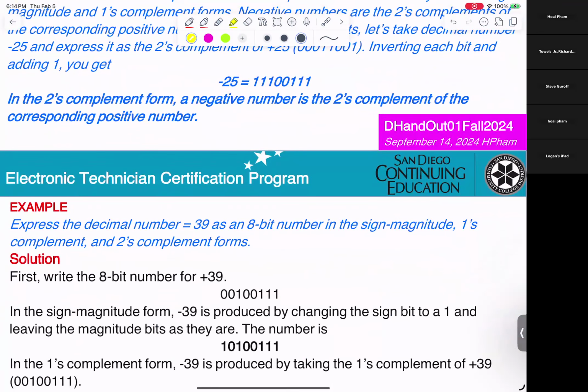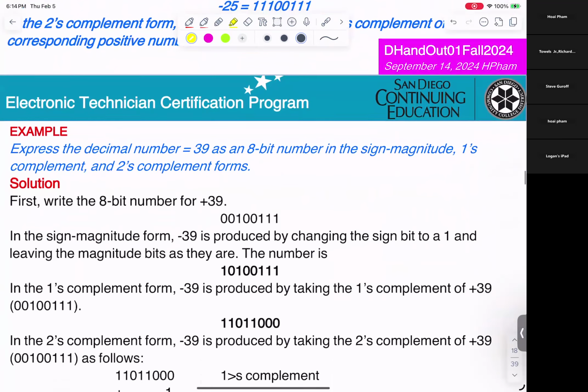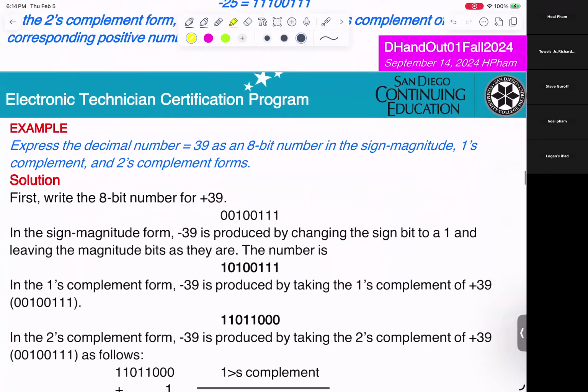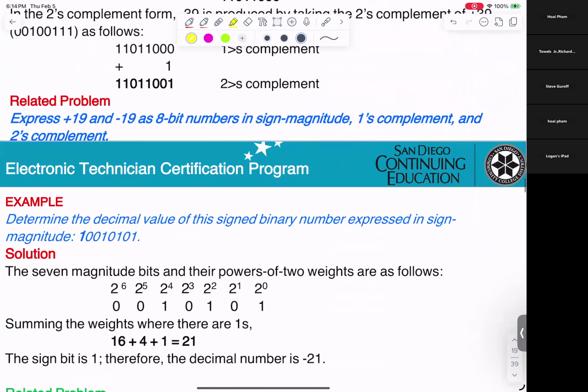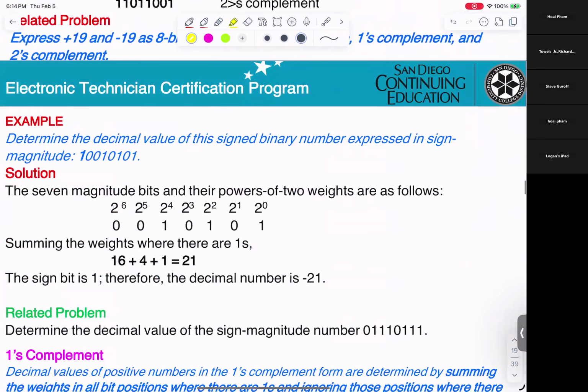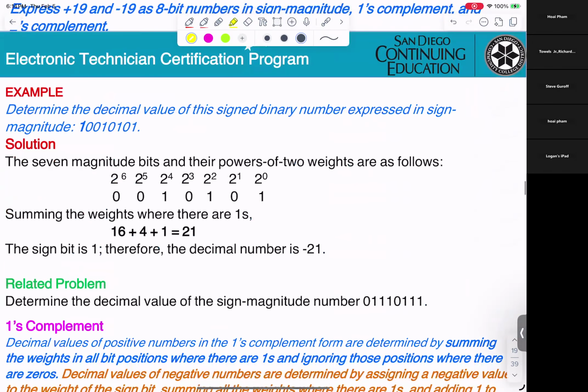Like express the decimal number 39 as an 8-bit number in the sign magnitude, one's complement and two's complement. If you go into the engineer level, you will be learning the detail on that. In this program for technicians, we just give it to you.